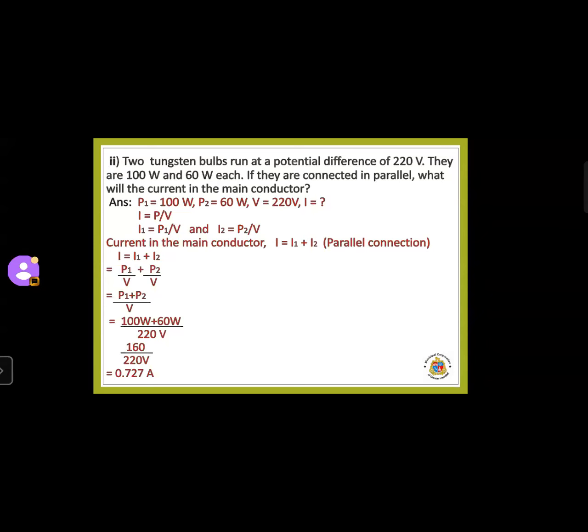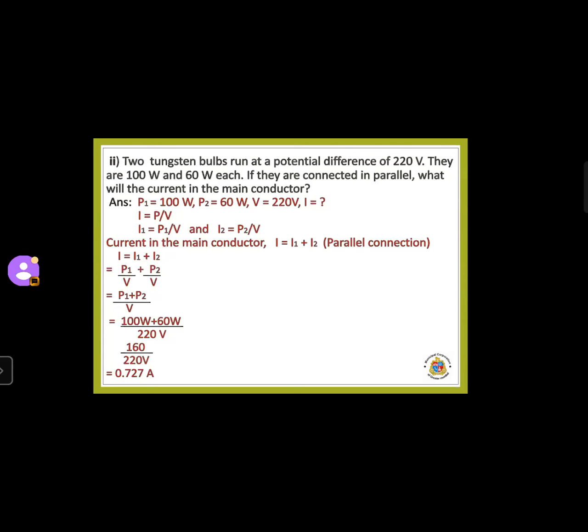Find out the current. So what will be the current in the main conductor? I is equal to I1 plus I2. Put the values of I1 and I2, that is P1 upon V plus P2 upon V. Now V is common, so put the values of P1 and P2, that is 100 watt and 60 watt upon 220 volt.